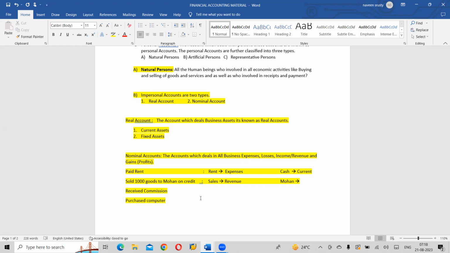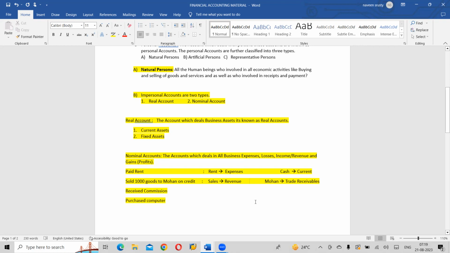In SAP, earlier we used to call them debtors only, but from ECC 6, EHP 6 onwards, we are no more calling them debtors. We are calling them trade receivables.